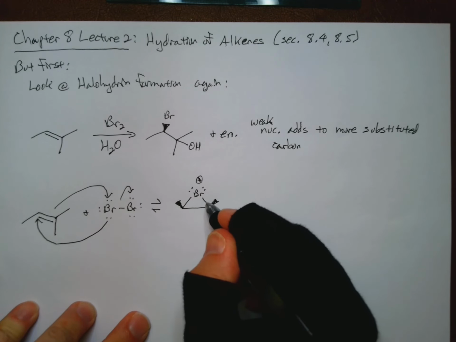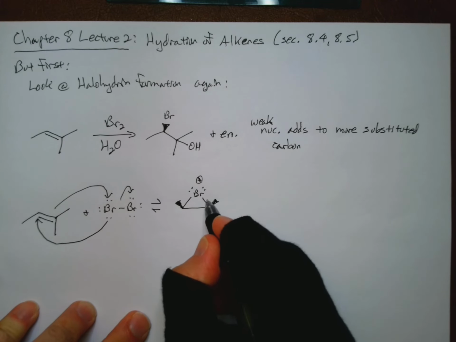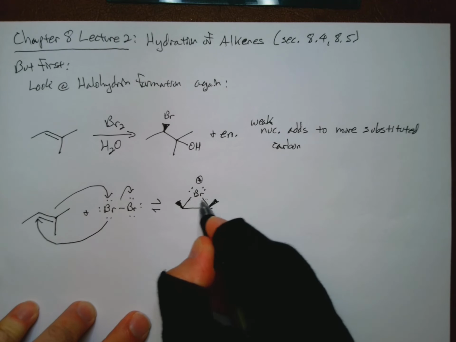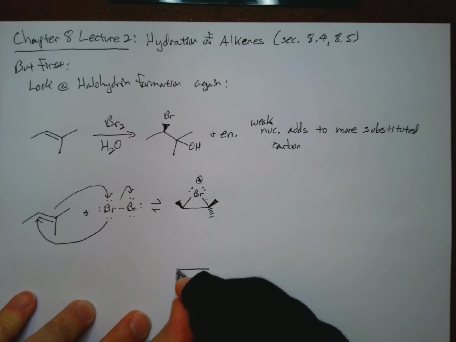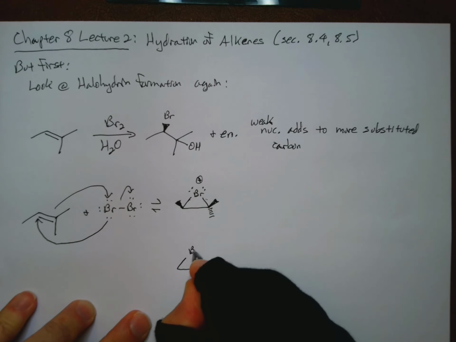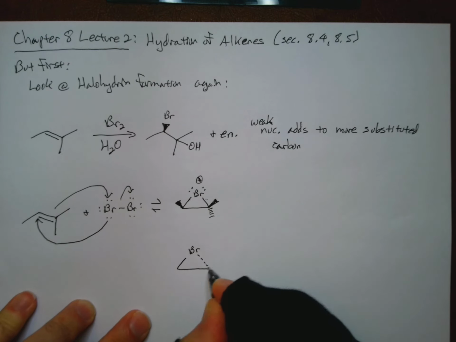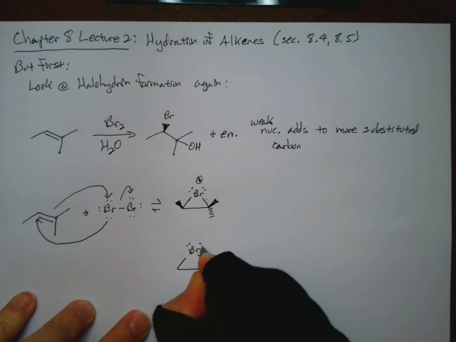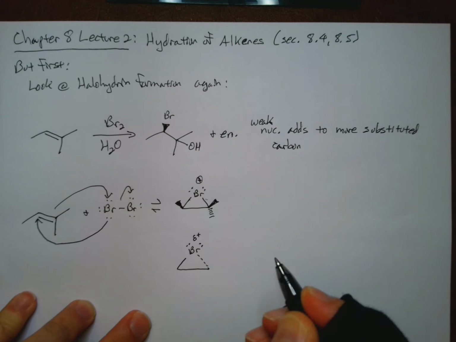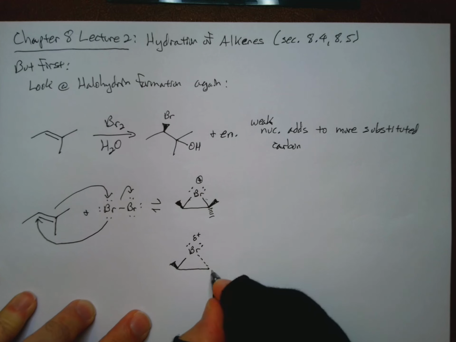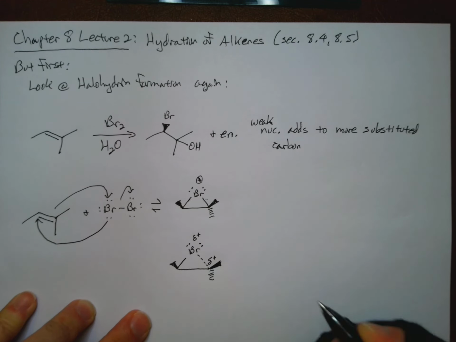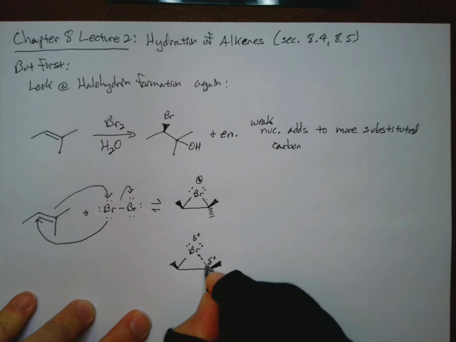So what we're actually going to see is these bonds are not of equal length, and so we'll have a partial positive on the bromine, and then a bit of a partial positive on the carbon there, and then this bond is a bit longer.